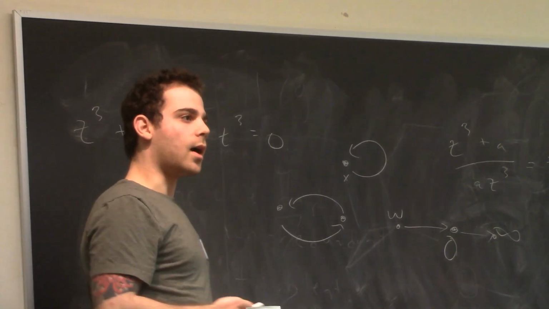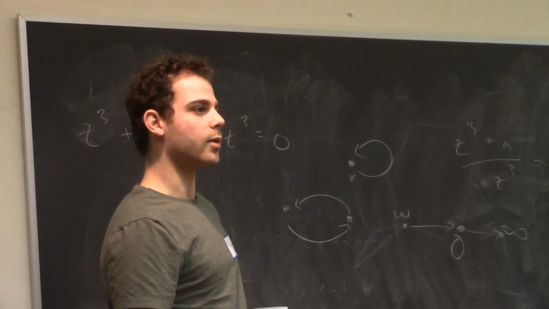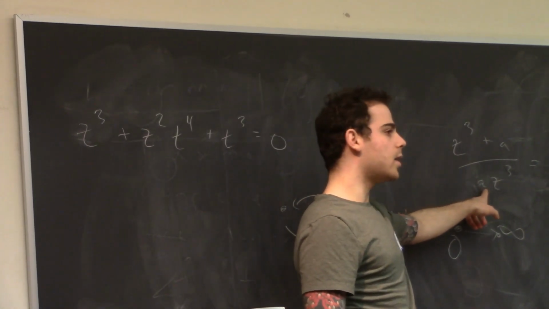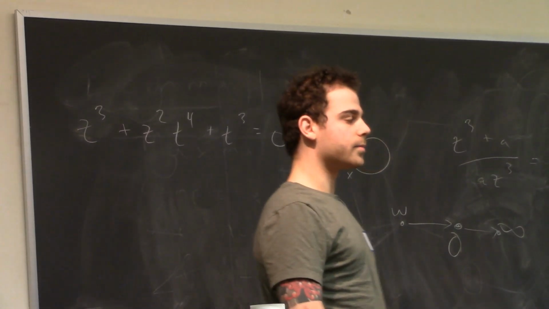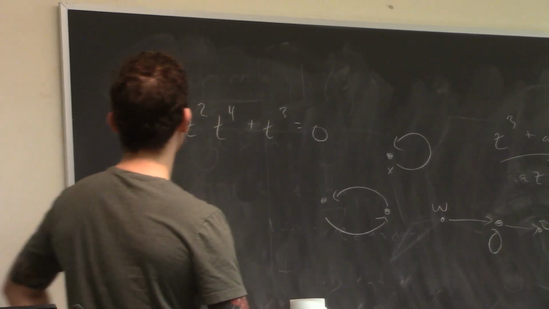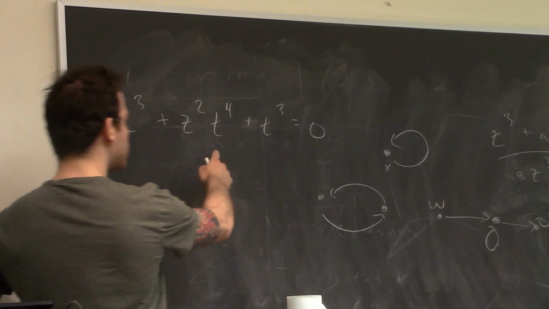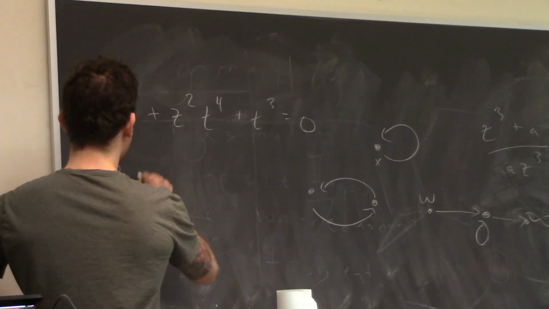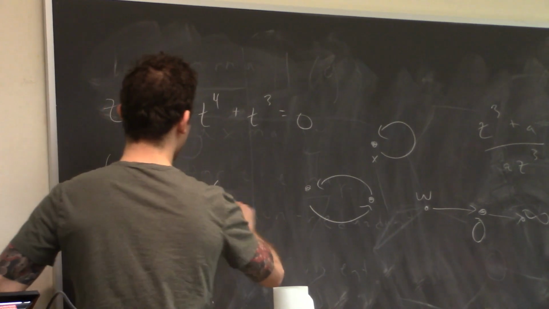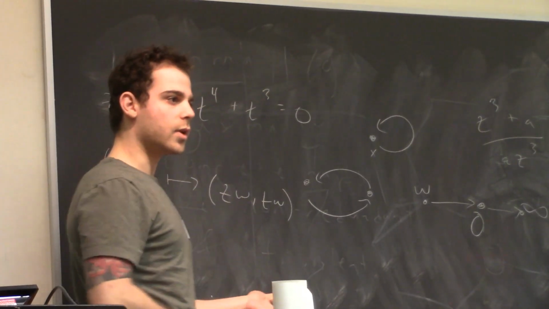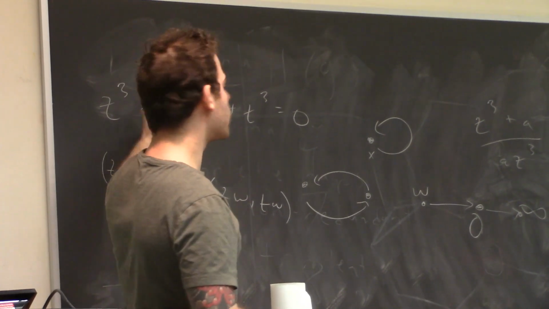So you might find an obvious one, which is just 0, right? But 0 doesn't work because that would correspond to this a being 0 down here. So okay, let's look at non-zero stuff. One thing you might notice is that this is degree 3, this is degree 6, and this is degree 3. So my map sending z and t to z omega and t omega, where omega is some cube root of unity, I can do a true quotient by this.